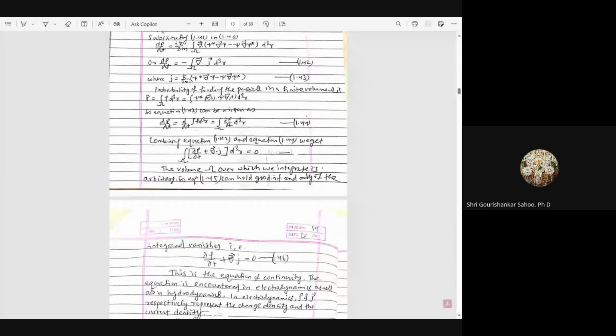You can combine this and you have the integration over omega of (del rho by del t plus del dot j) d³r equal to 0, where the omega over which we integrate is arbitrary. So this can hold good if and only if the integrand vanishes, that is, del rho by del t plus del dot j is equal to 0. And this is the equation of continuity.